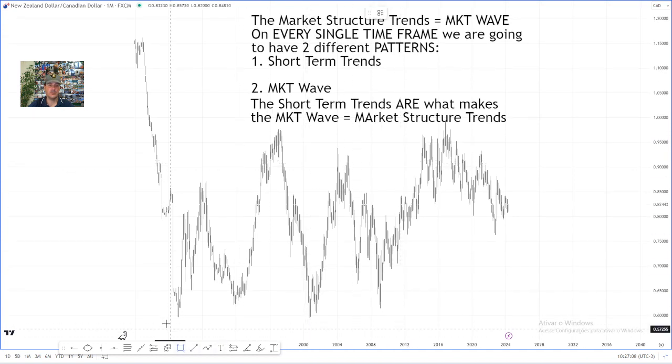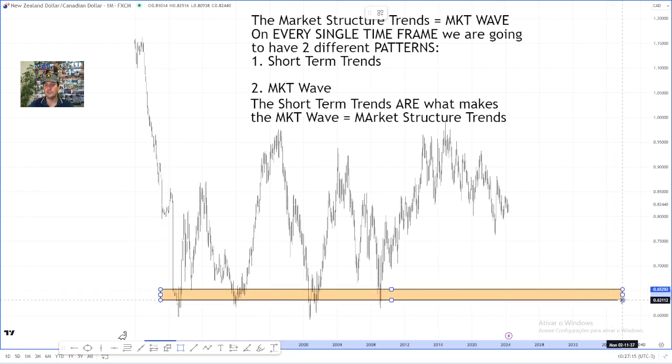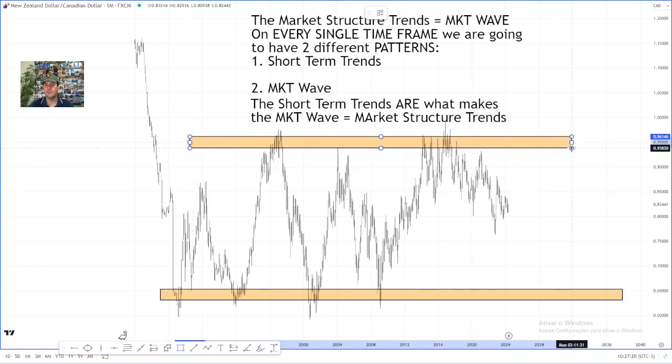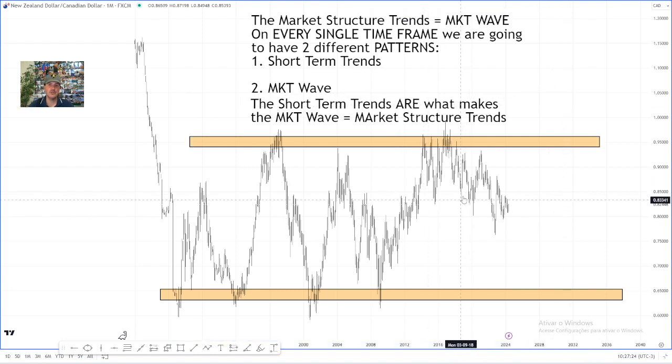In lesson number 1, on NZD-CAD, we talked about the technical market structure, which were the monthly bands. So it may get confused when we say the market broke market structure. Market structure are the monthly bands, so you can use market structure trends or market wave just to differentiate the monthly bands and the market wave.